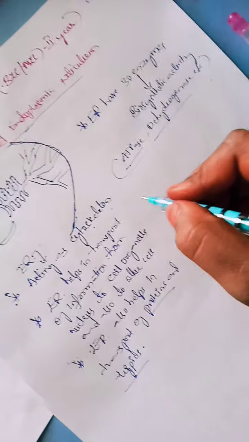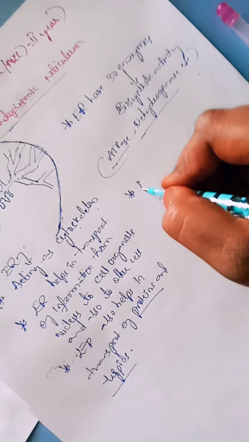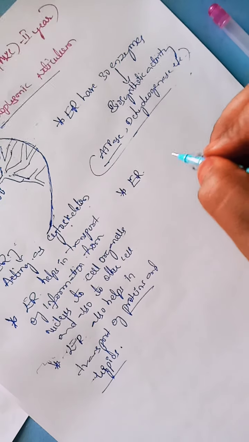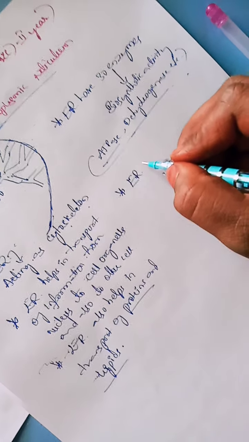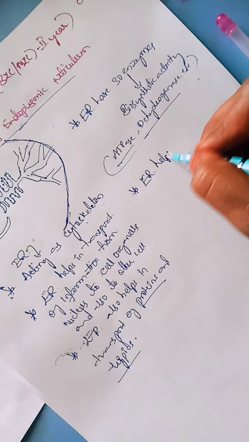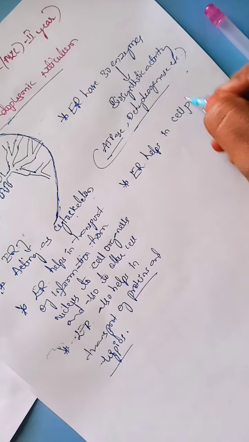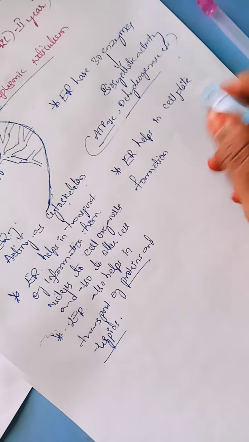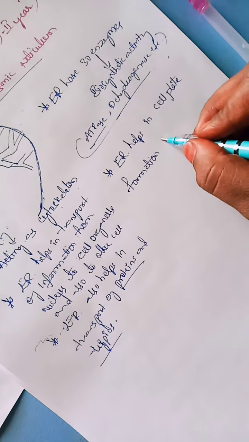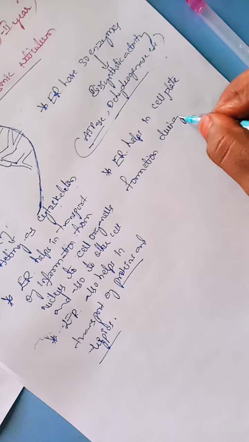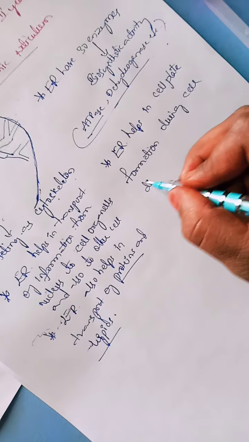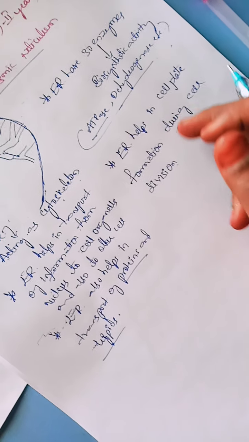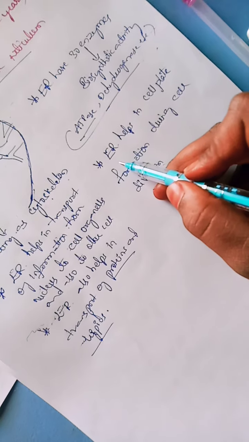Okay, next, ER also takes part in cell plate formation. ER helps in cell plate formation. When does cell plate formation occur? Cell plate formation occurs during cell division. At that time the cell plate formation will be taken up by ER.